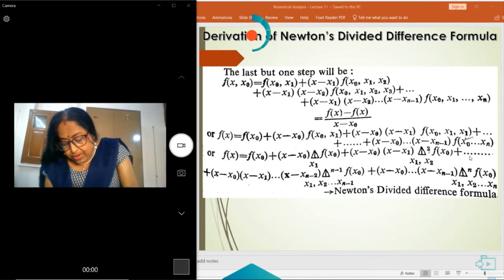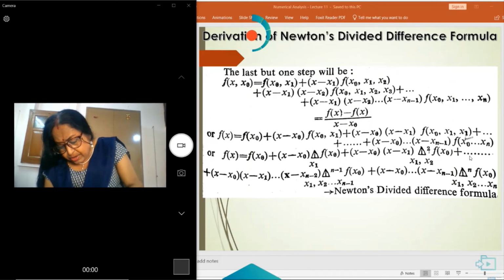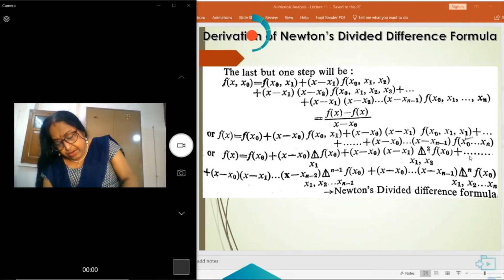The first value is x0, the second value is x1, so we put x minus x0 with f(x0, x1) from the table. You know how to find the table. Then plus (x minus x0)(x minus x1) f(x0, x1, x2). So this way we can derive Newton's divided difference formula.